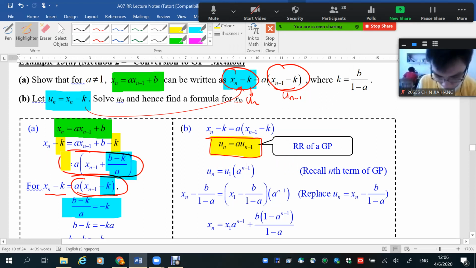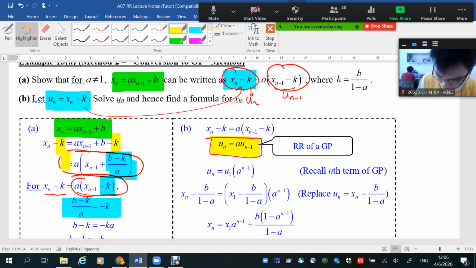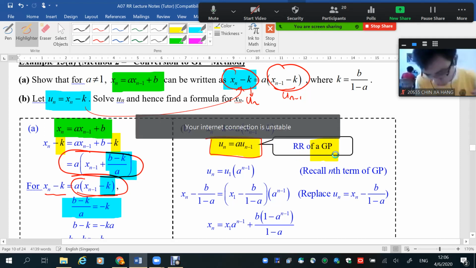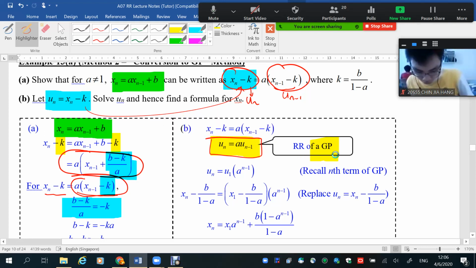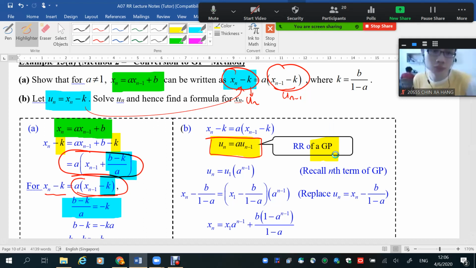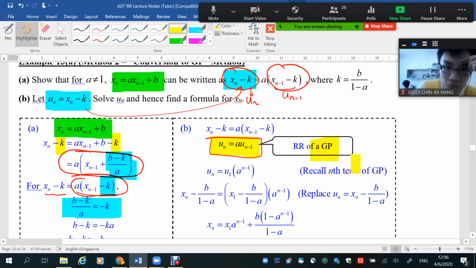So far so good. Next, can you accept that this is an indicator that you have a GP coming out? Can you accept that this is a geometric progression? un is equal to a times un minus 1. Okay, this is a geometric progression.